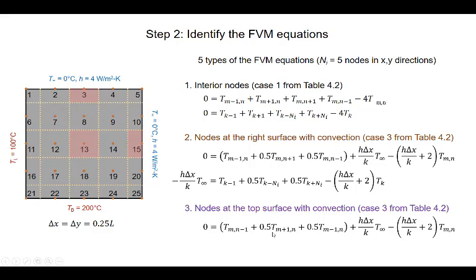We have plus 0.5 times the neighboring nodes, where there is conduction through half the area of a face of the volume. So we have Tmn minus 1 here in this position rather than Tm minus 1n. And we have Tm plus 1n and Tm minus 1n rather than Tmn plus 1 and Tmn minus 1 because of the different face on which this boundary node is located.